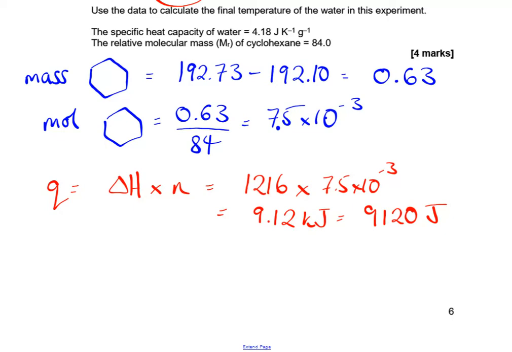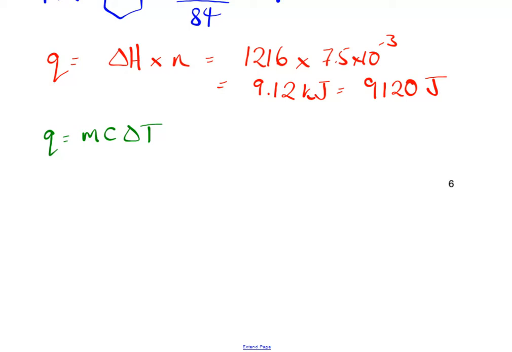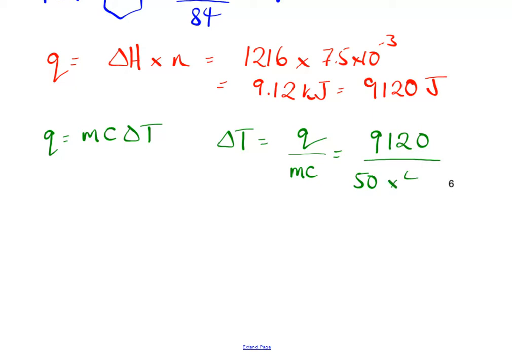We know that Q equals MC delta T. So the bit that we're after, delta T, is Q over MC. So we've got 9,120 over the mass, which is the mass of the water, not the mass of the cyclohexane. So that is 50 times by our specific heat capacity, which is given as 4.18, and so our change in temperature is 43.6.